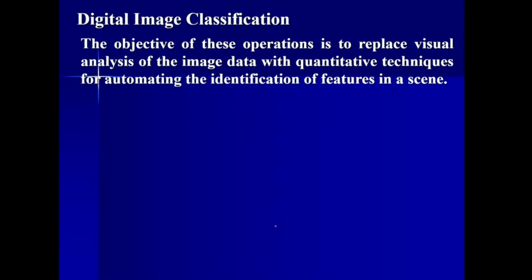So they were extracting these classes. But today if you have a large number of images, it is very time consuming. Of course, through visual interpretation and visual tracing the accuracy is very high, but it is very time consuming. So people thought about how to cut down the time, and they developed digital image classification techniques. Through these quantitative techniques, they can automatically classify the pixels into different classes.